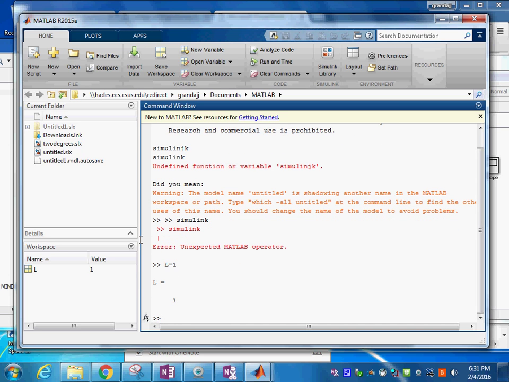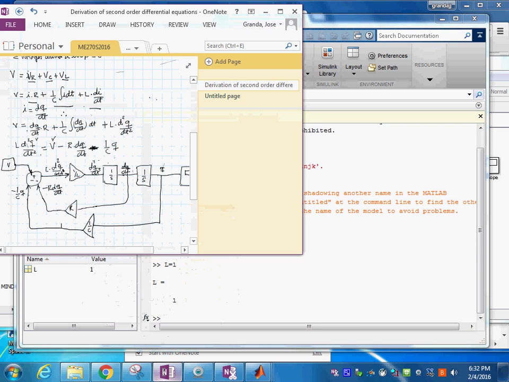What else do we have? K. Let's see. What else do we have? We have L, which you need to define, and R, and 1 over C, and B.